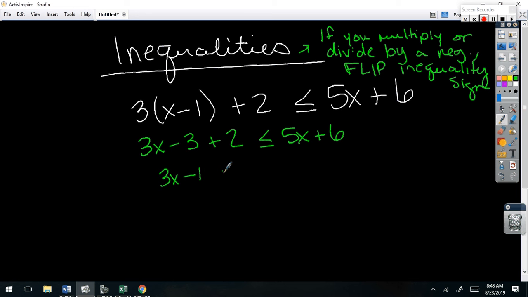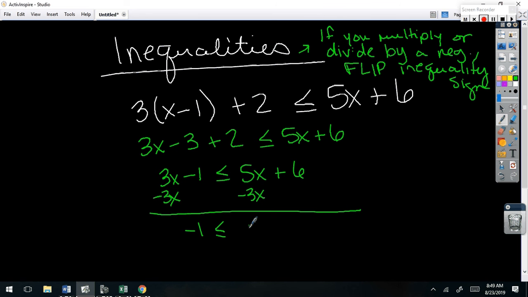Now I have 2 x's and 2 whole numbers. So I need to get everybody that's alike together, right? Which one should I move? Subtract the 3x. Whichever one you want. If you move the 5x, that's fine. What now?